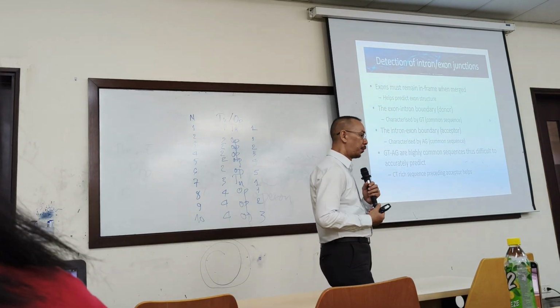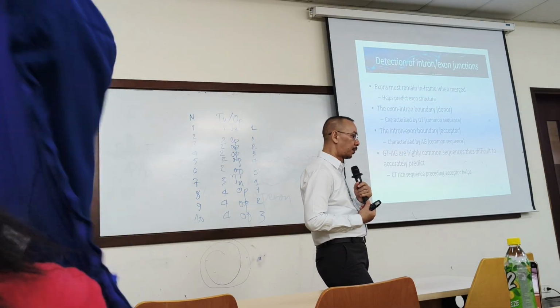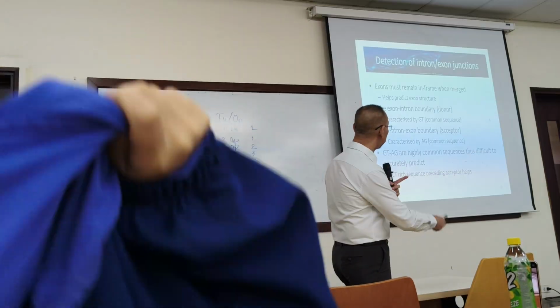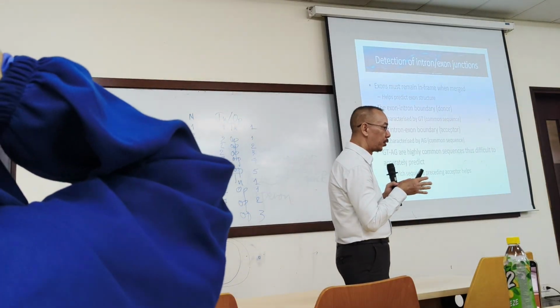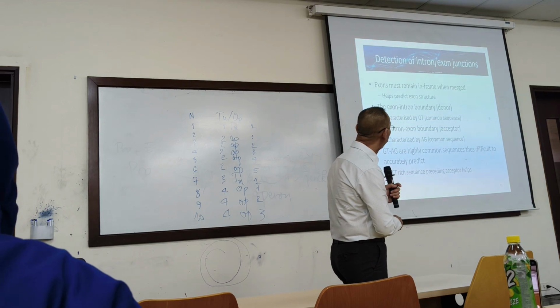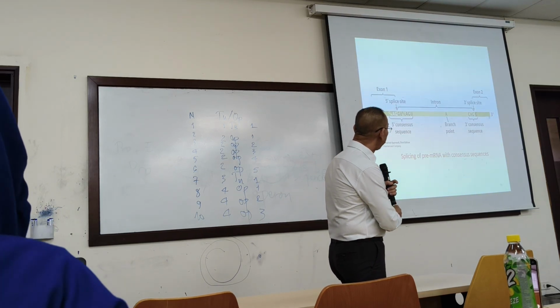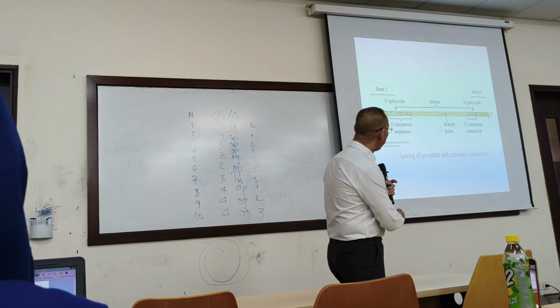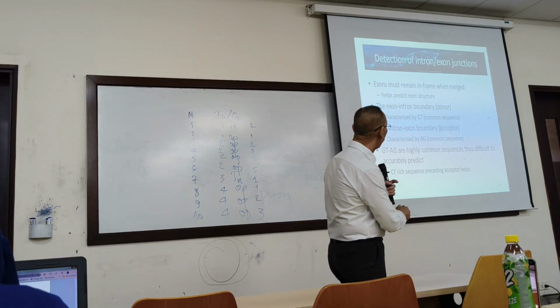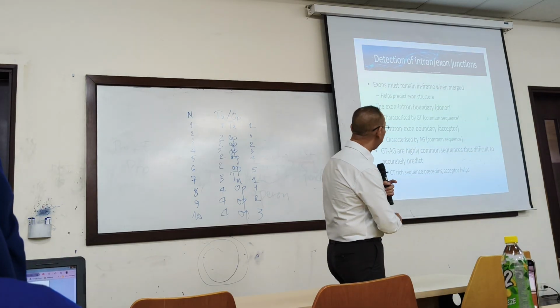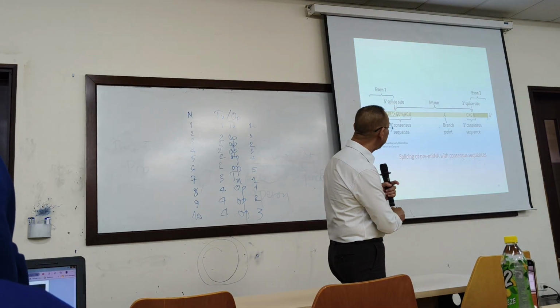Another one, for eukaryotes we also need programs to detect introns and exons, and how to detect introns and exons is based on the boundary between exons and introns. Look at exons and introns. So the exon first and then intron, we call the exon-intron boundary the donor, and it is characterized by a common sequence GT.